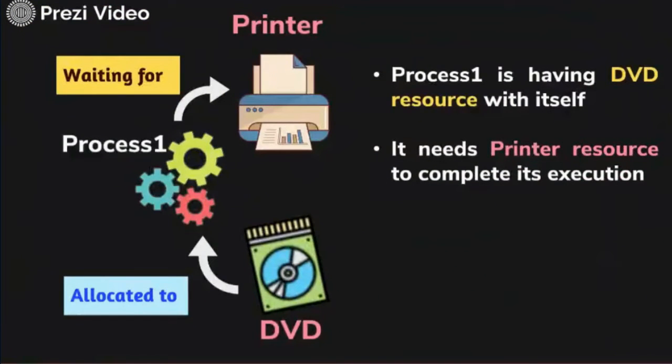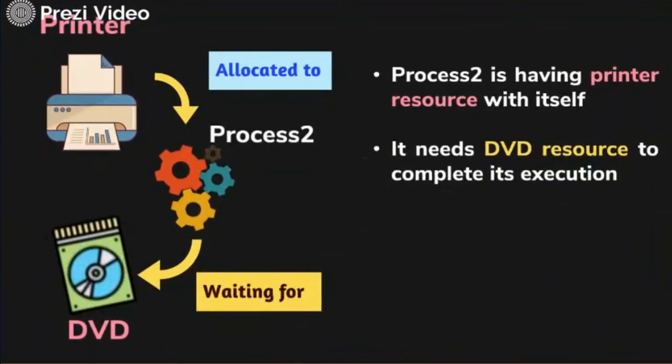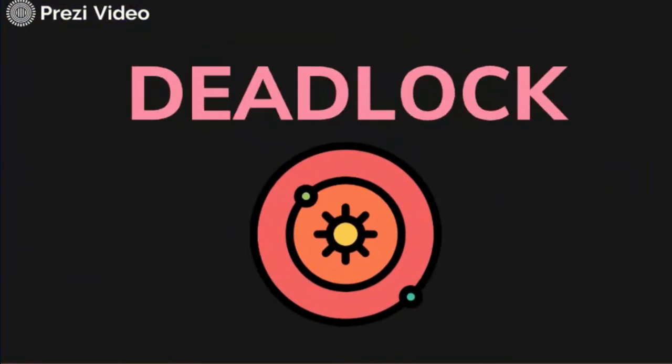So the situation clearly shows that process 1, which is holding the DVD resource, needs the printer resource to complete its execution. At the same time, process 2, which is holding the printer resource, needs the DVD resource to complete its execution, which leads to a deadlock. That means either process 1 or process 2 has to release its held resource so that it can be given to the other process to complete its execution.